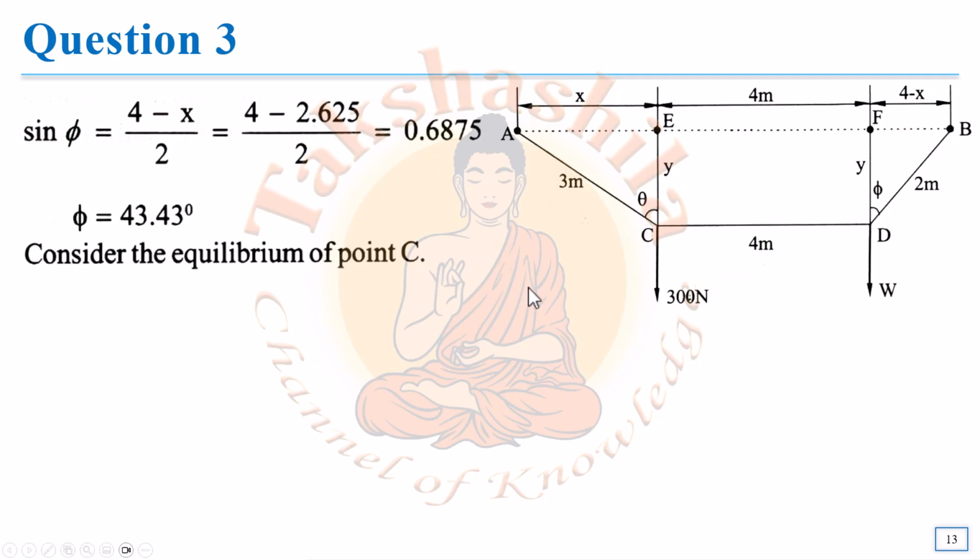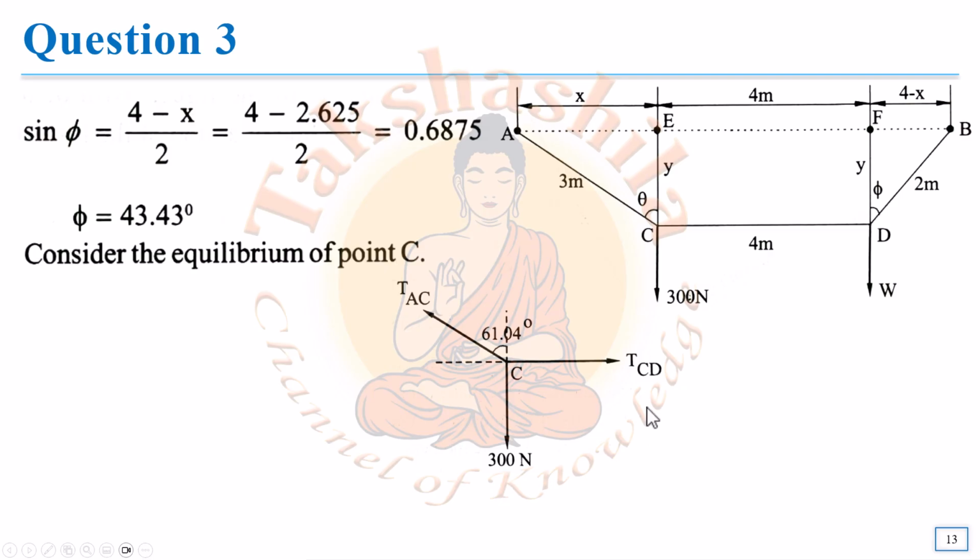Let us first of all consider point C, or the equilibrium of point C. What all forces will be there? We will have the weight acting in the downward direction. We will have the tension in CD, as well as the tension in CA. Please be careful when you mark the direction. Since we are analyzing with respect to C, the tension in CA will be in the upward direction, whereas the tension in CD will be to the right.